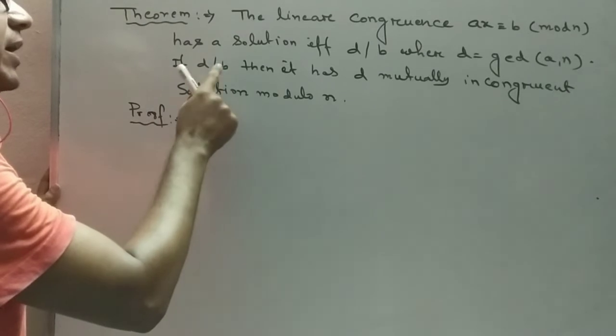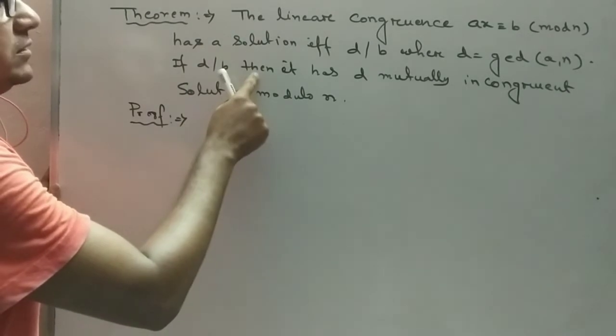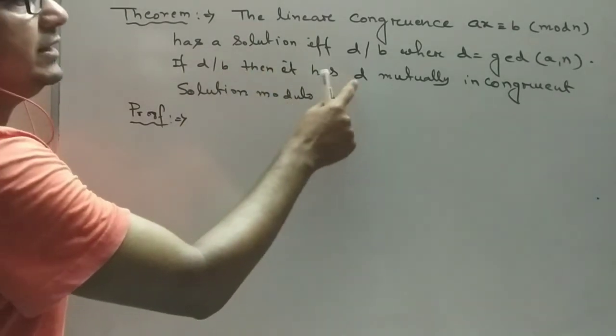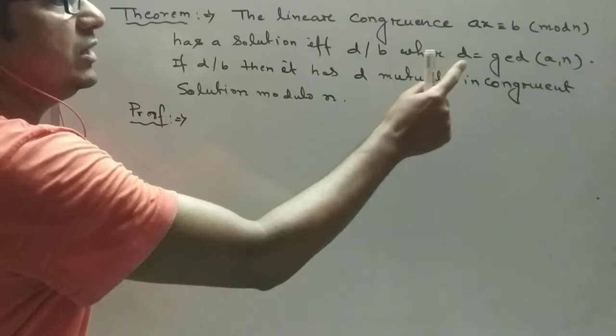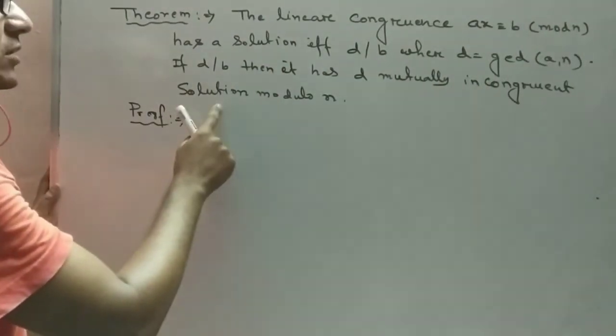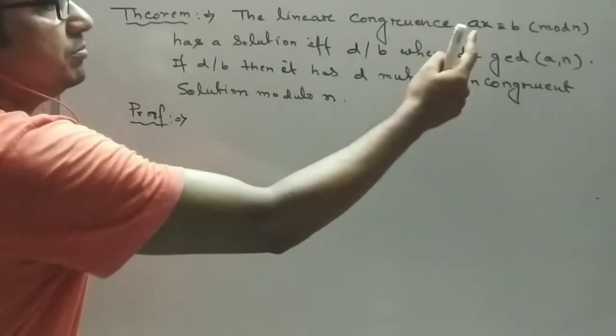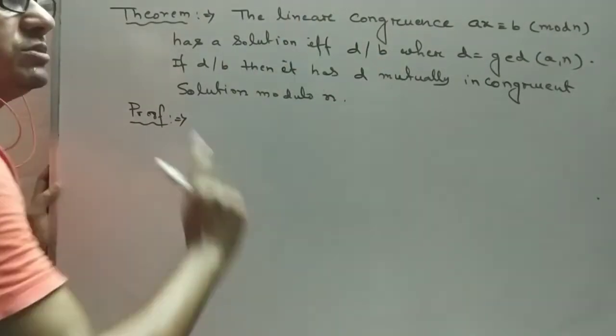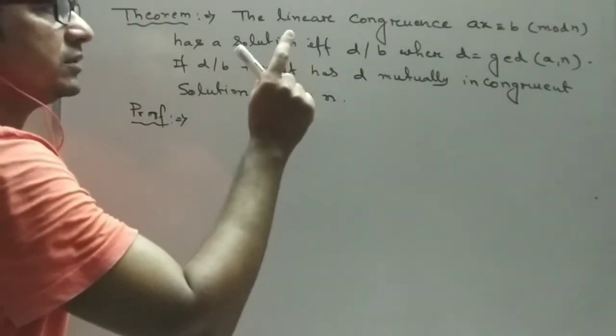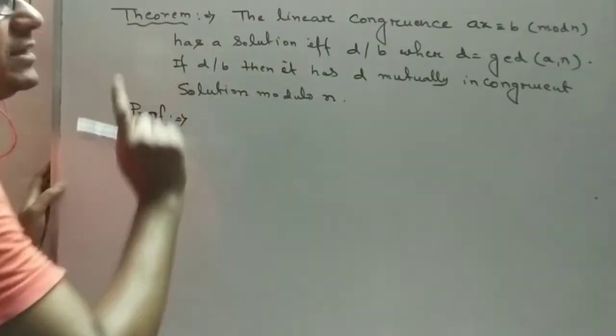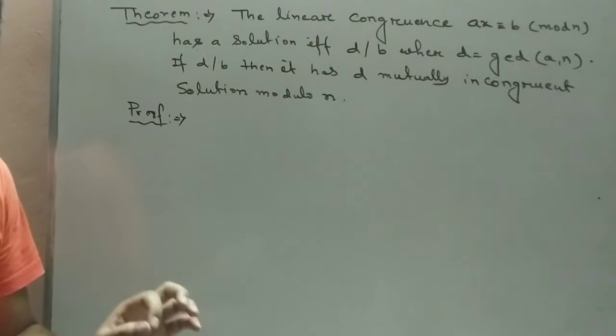If D divides B, then it has D mutually incongruent solutions modulo n.